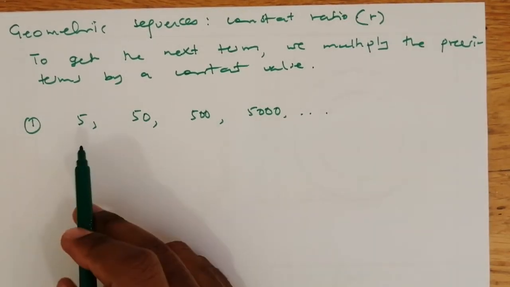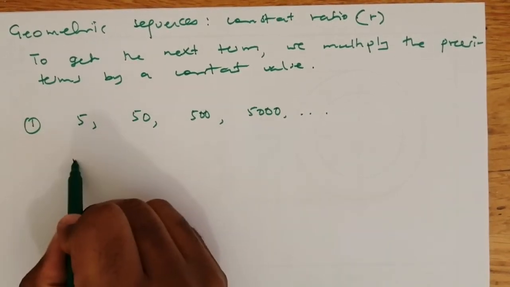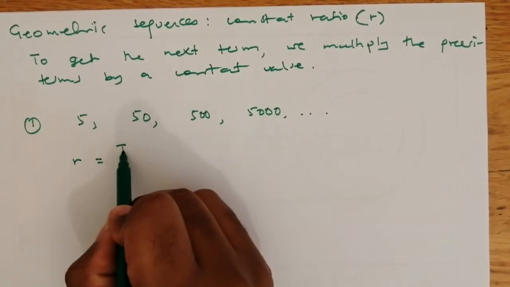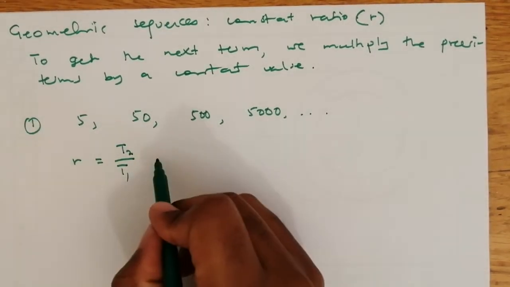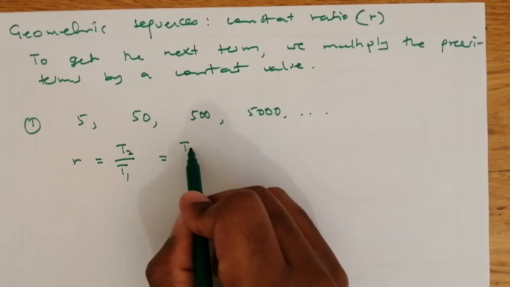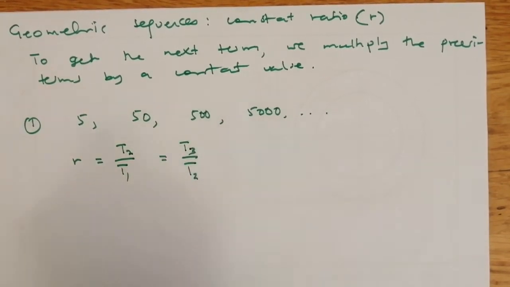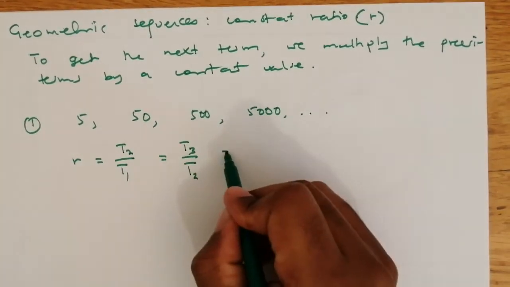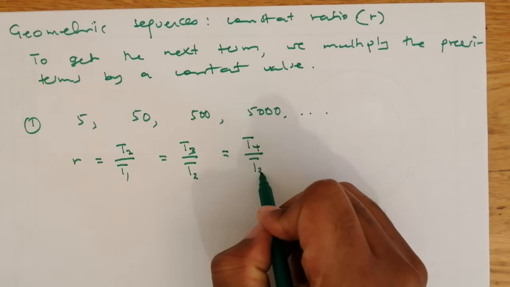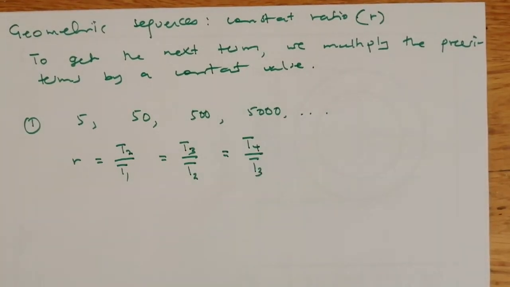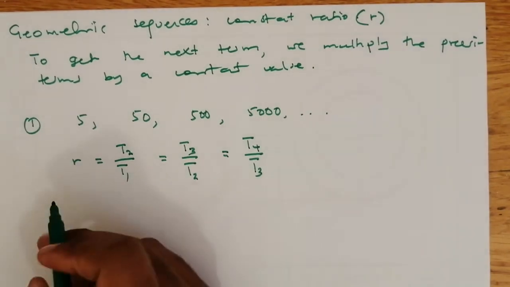So we are not gonna find the difference here, but now our R is gonna be the second term divided by the first term, right? That has to equal the third term divided by the second term, right? Which must also equal the fourth term divided by the third term. Do you guys get that? So this is the constant ratio that exists, right?